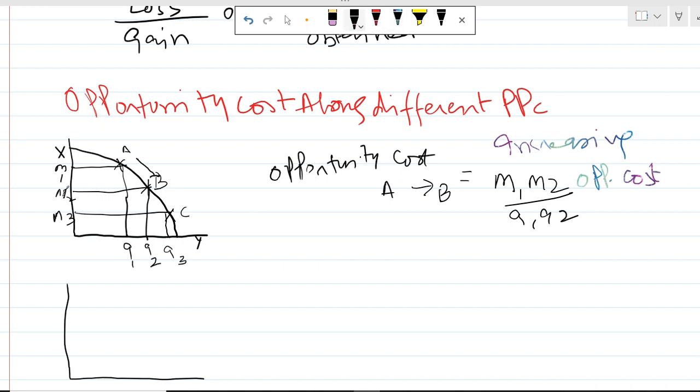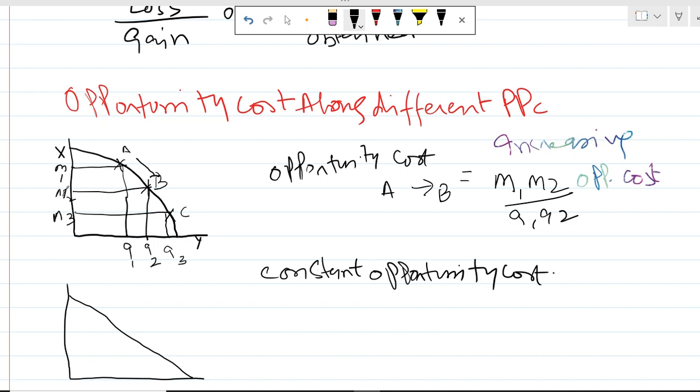And here we discuss the constant opportunity cost. Here we have to move this thing, point A, point B and point C.